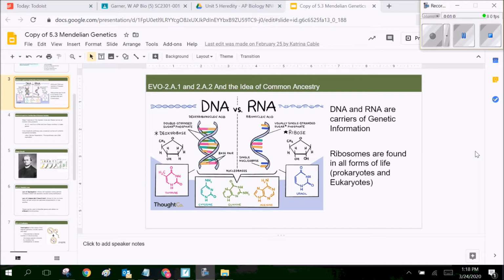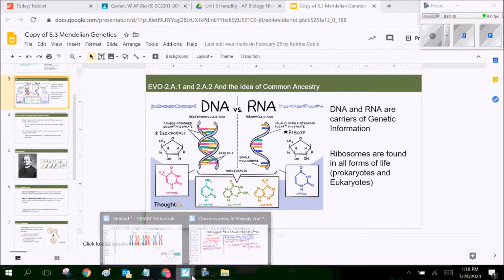And we learned that when a cell is ready to reproduce and make more cells, its DNA has got to be duplicated, and a complete set of instructions or chromosomes needs to make it into each one of the new cells. We learned that this happens through two major processes, mitosis and meiosis, and let's go ahead and review those really quickly as well.